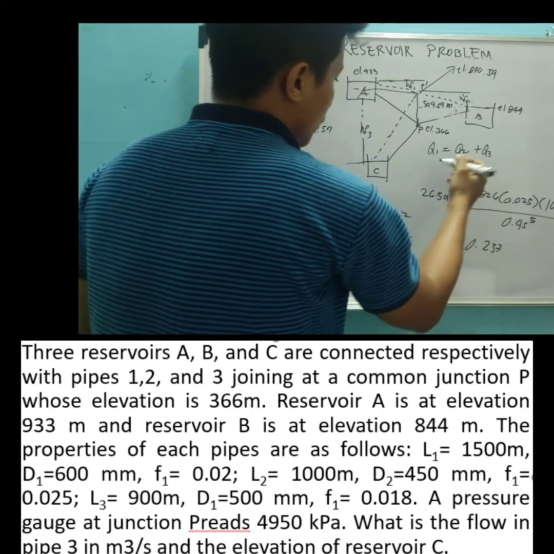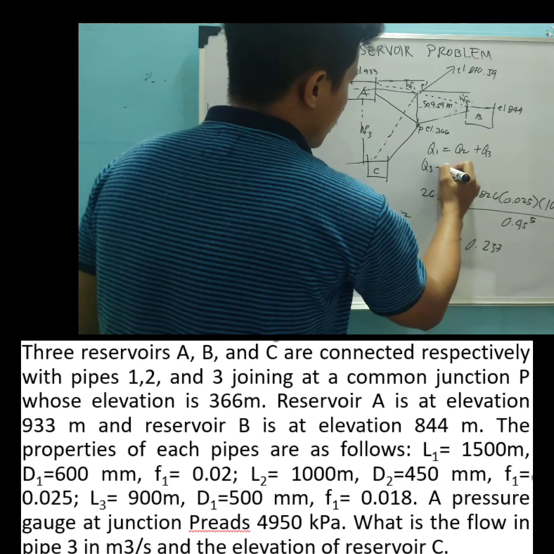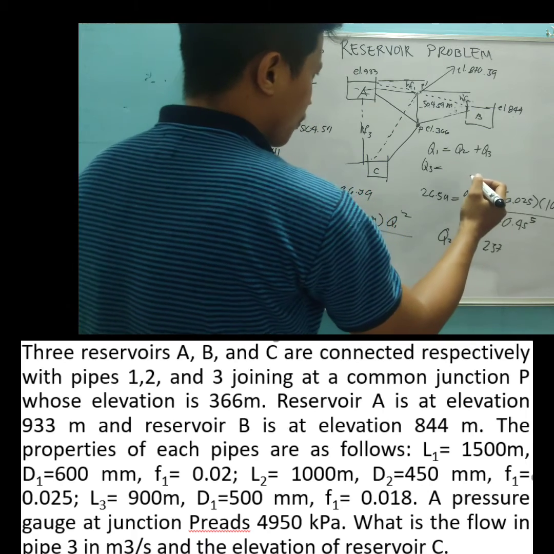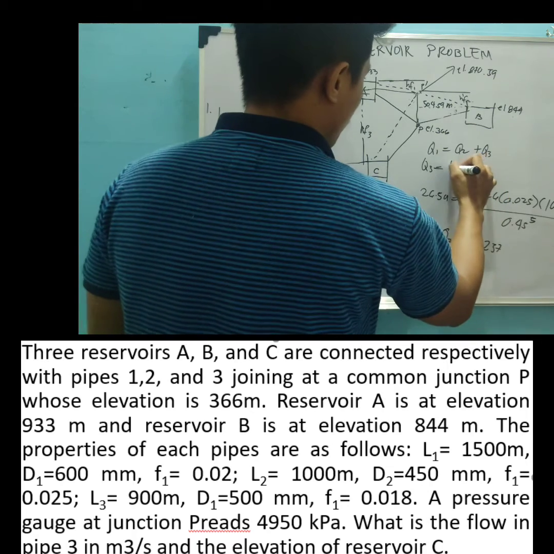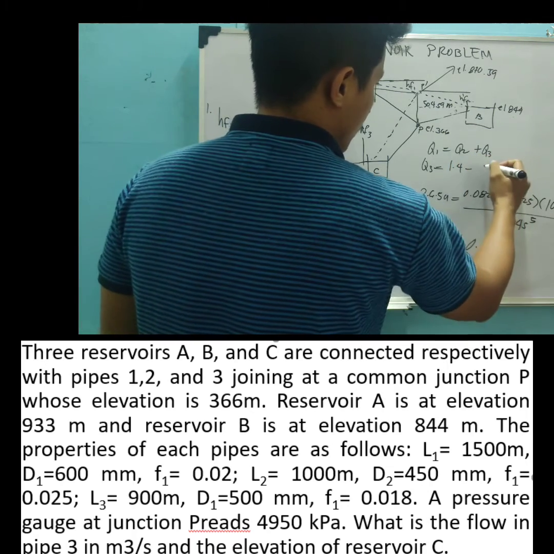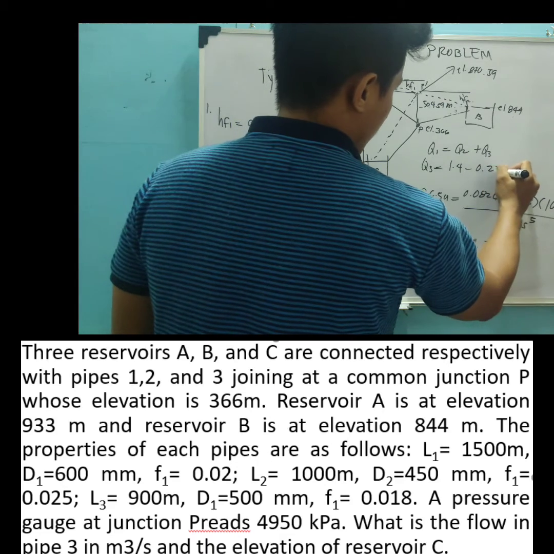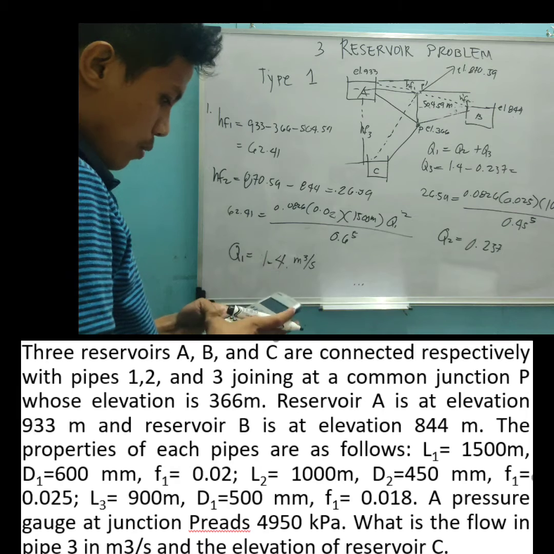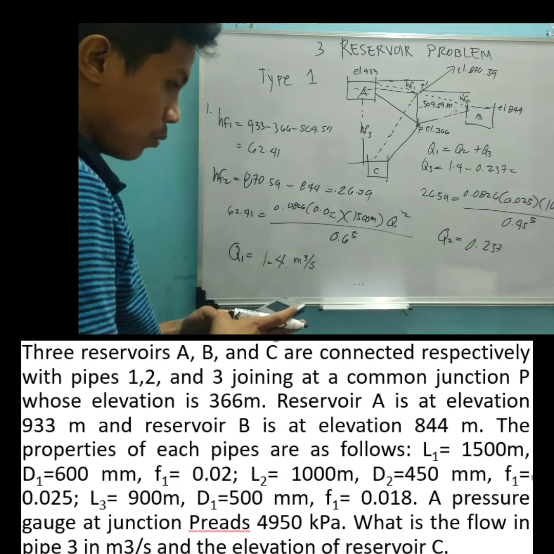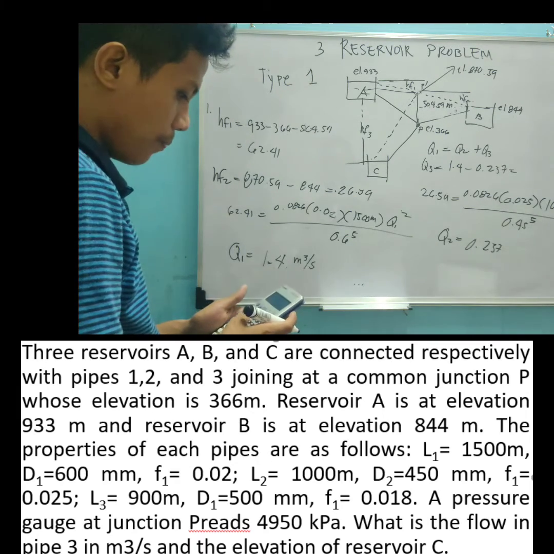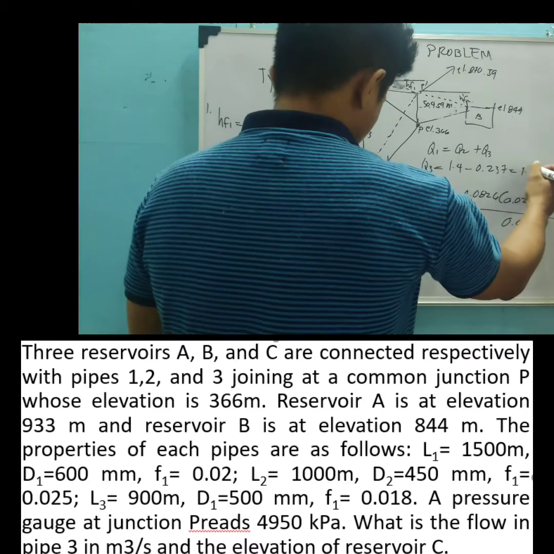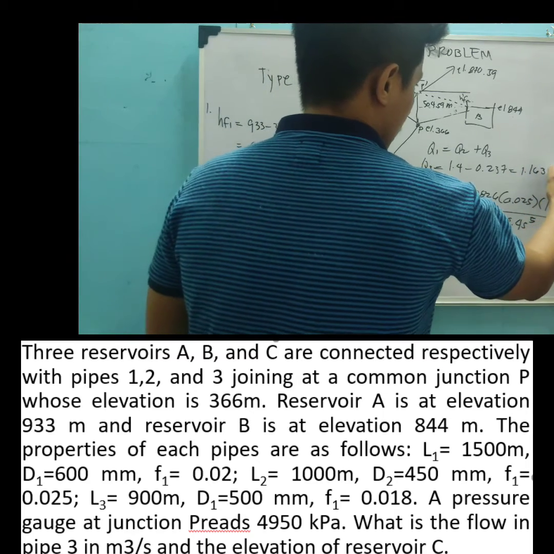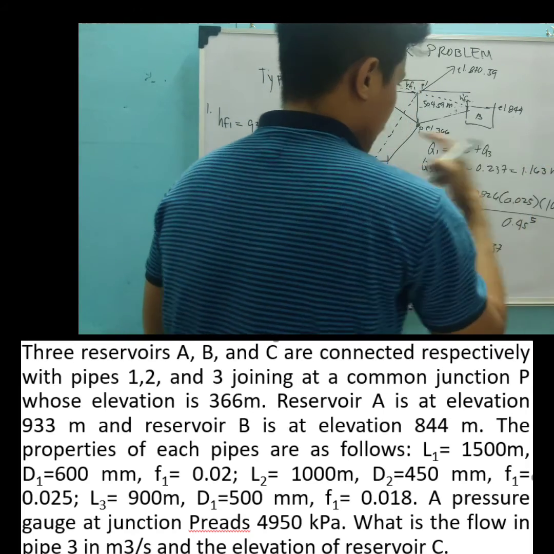So, makukuha natin yung Q3, bali Q2 at Q1 na 1.4 minus 0.237. So, Q3 equals to 1.4 minus 0.237, 1.163 cubic meter per second.